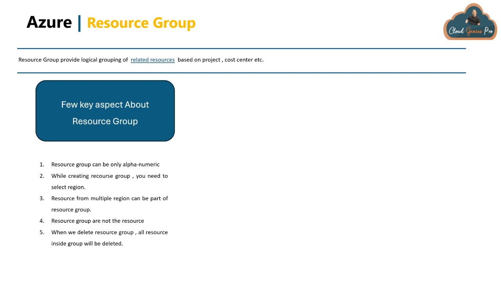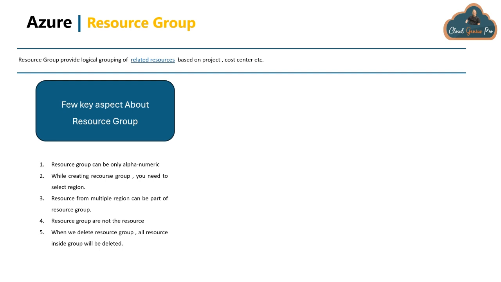And the fourth important point is, resource group is a logical grouping. It is not a resource. It is just the grouping of resources. And whenever you delete a resource group, all the resources inside that resource group will also get deleted. So you should be extra careful while deleting a resource group.